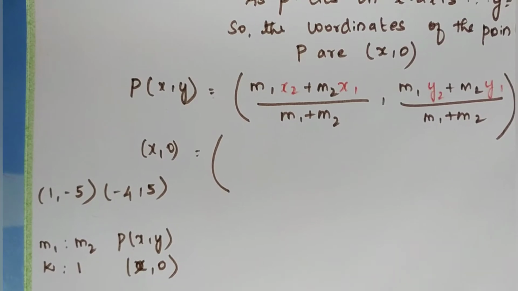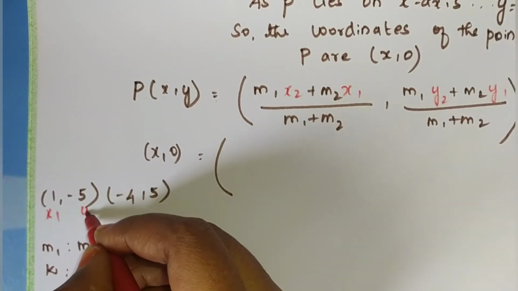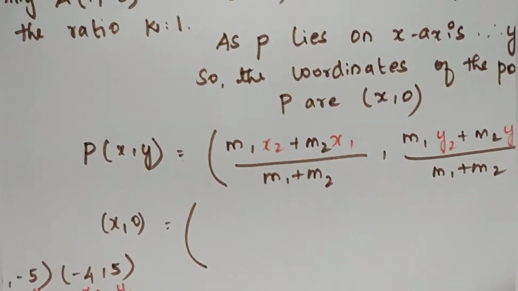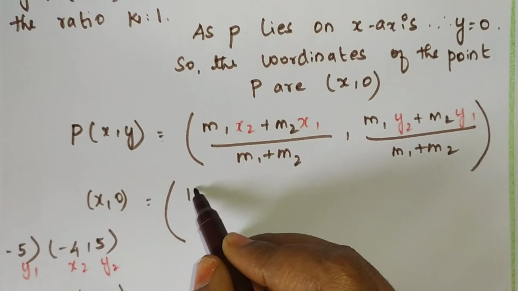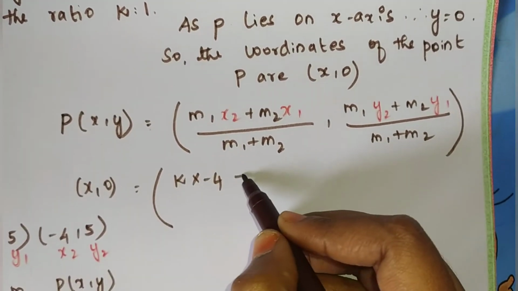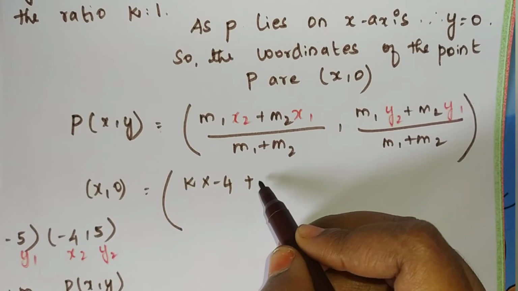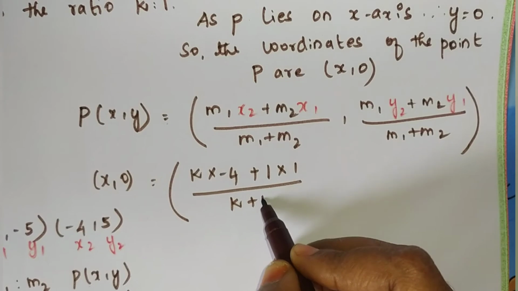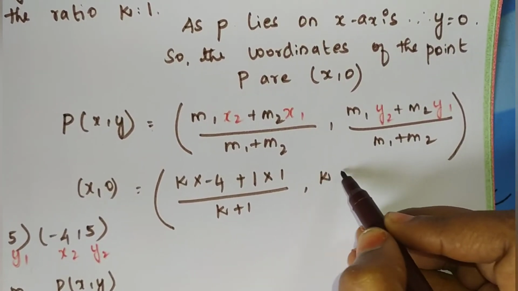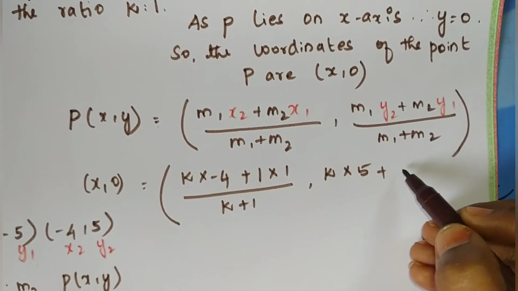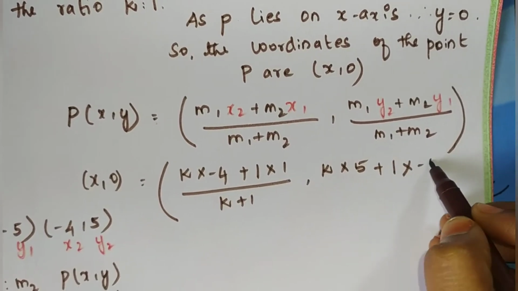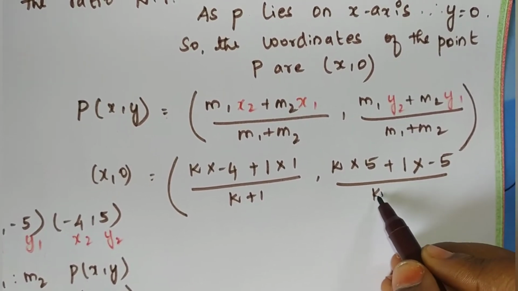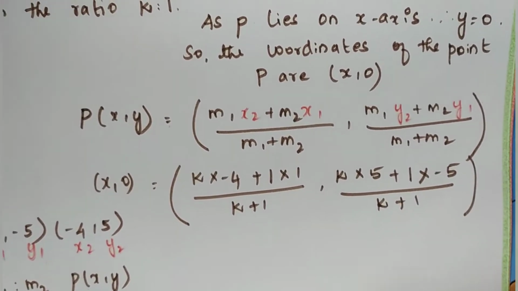So this is x1, y1, x2, y2. Now m1, that is k into -4 plus m2, that is 1 into 1, divided by k plus 1, and k into 5 plus 1 into -5 divided by k plus 1. Clear, children?